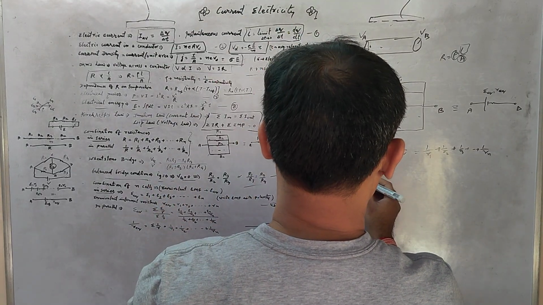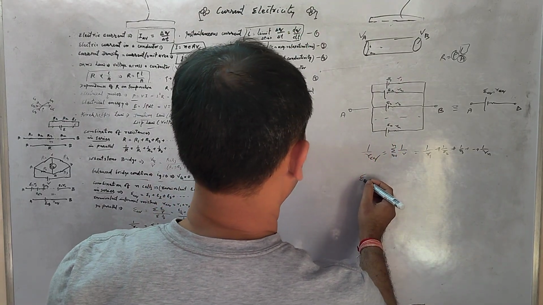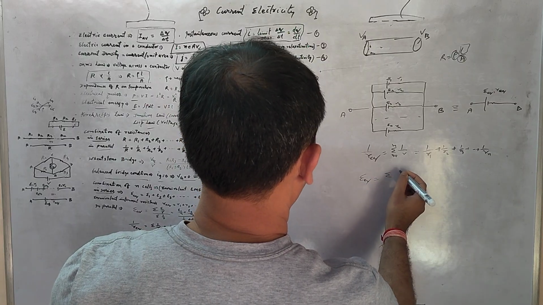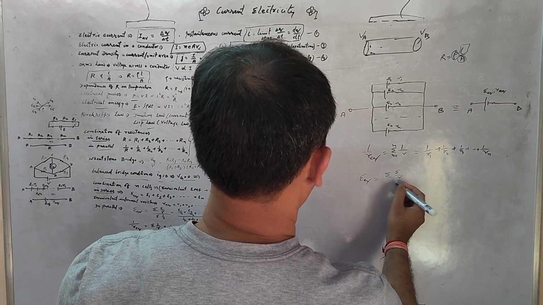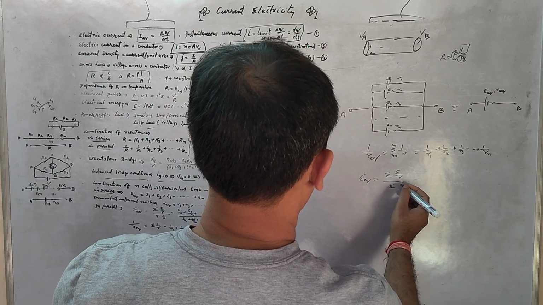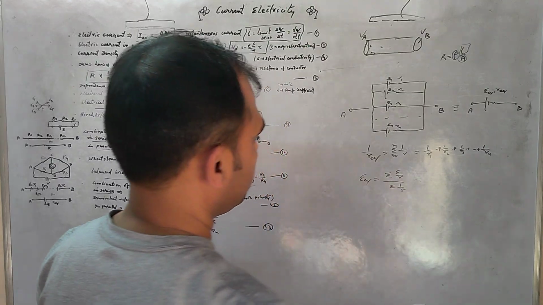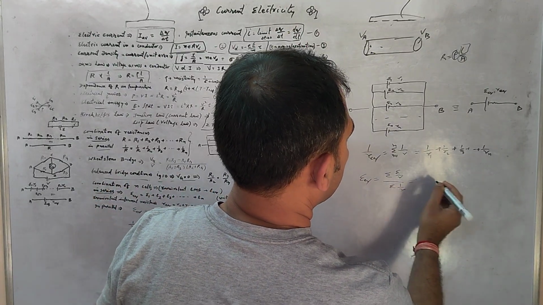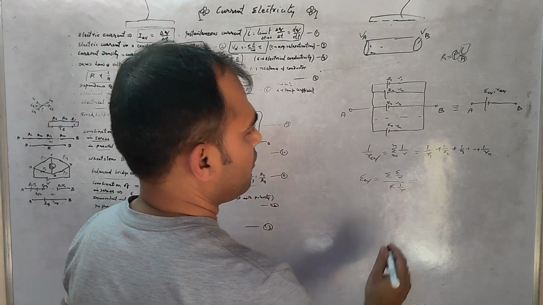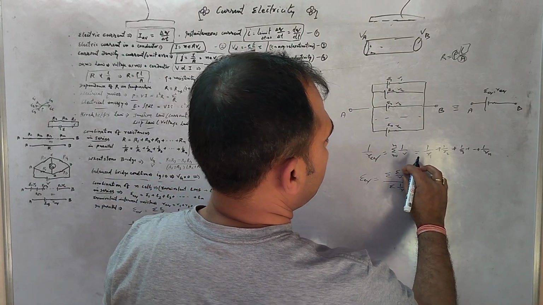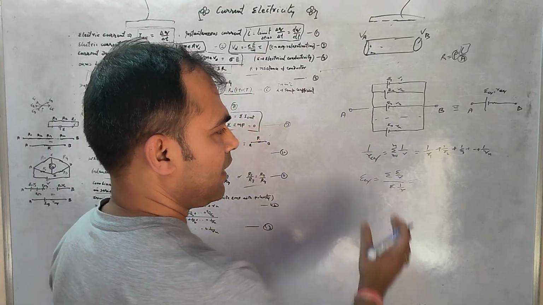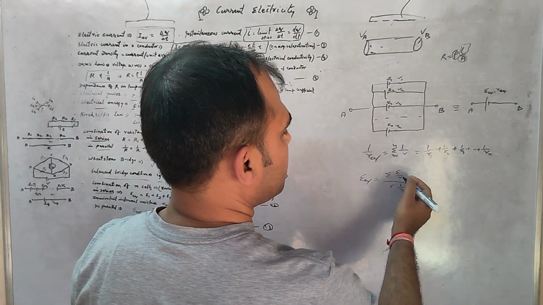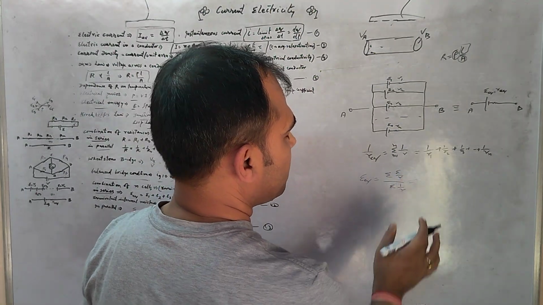And E equivalent will be here sigma E by R upon sigma 1 by R. What is E by R? Basically E is equal to IR. So this E by R is basically current.